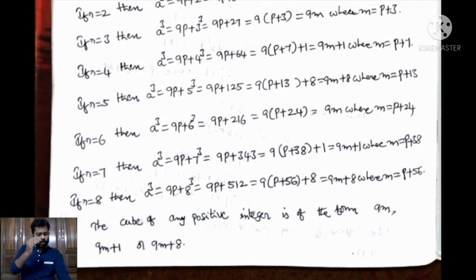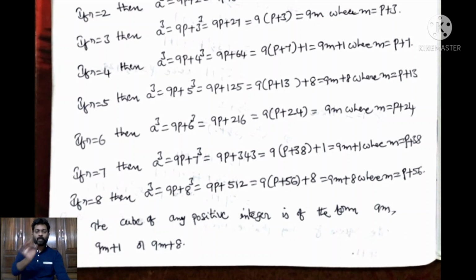If r equal to 7, then a cube equal to 9p plus 7 cube. That means 9p plus 343. That equal to 9 into (p plus 38) plus 1. That equal to 9m plus 1, where m equal to p plus 38. If r equal to 8, then a cube equal to 9p plus 8 cube.